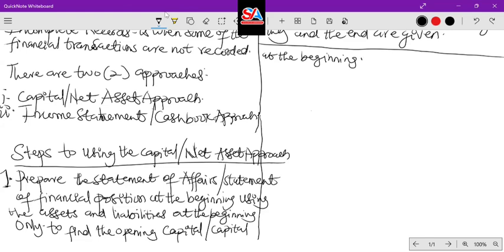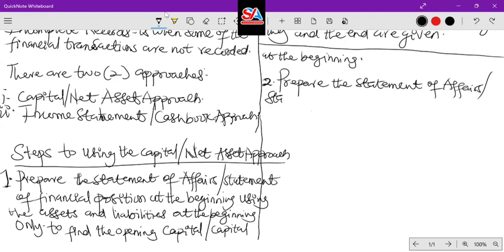Or capital at the beginning. Then step 2, prepare the statement of affairs or the statement of financial position at the end.